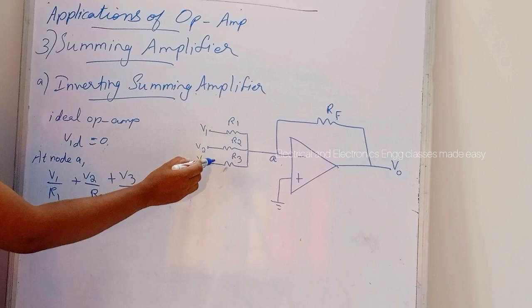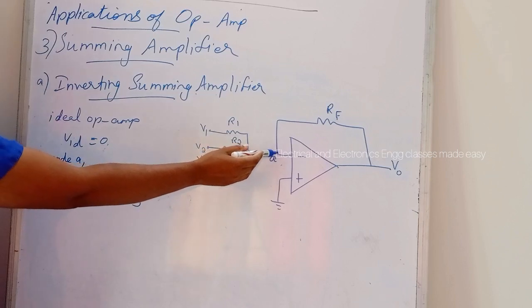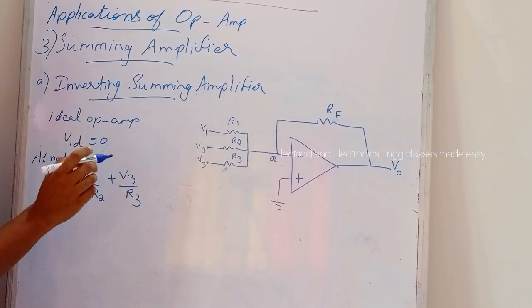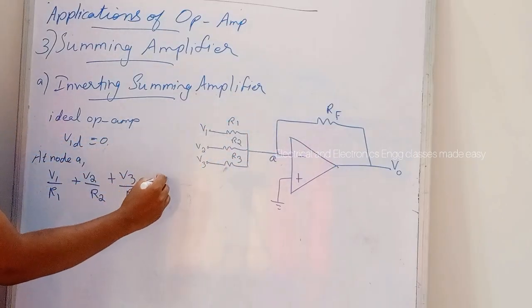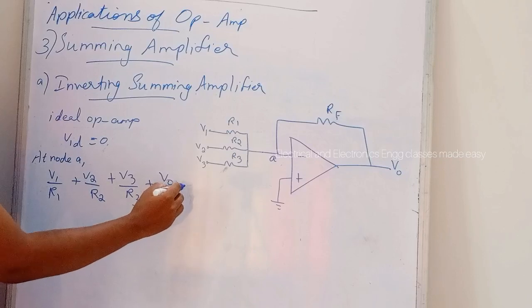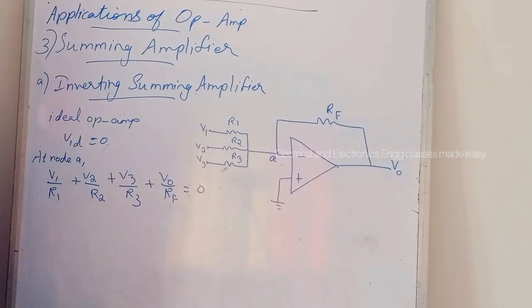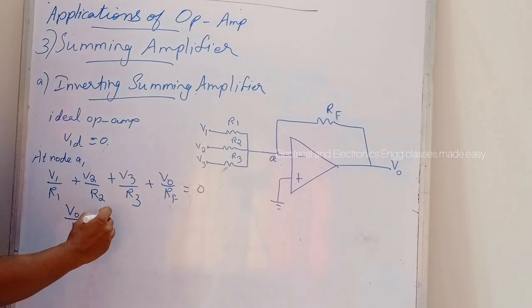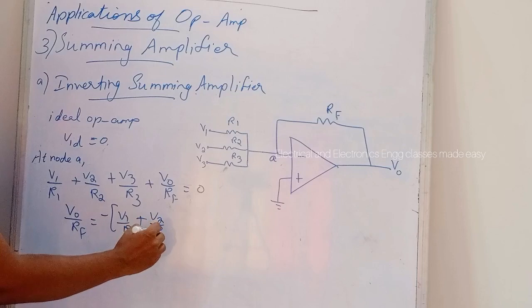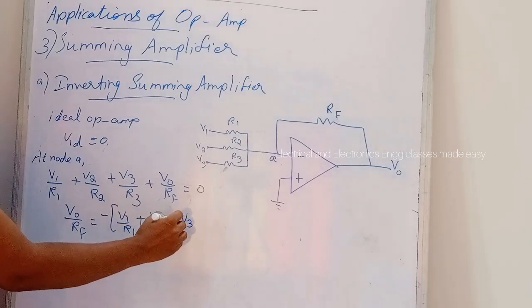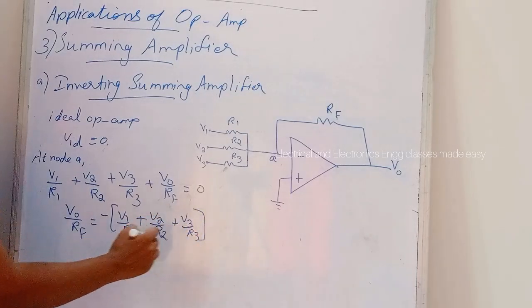These are the 3 input currents towards this point A. Then we have to write plus V0 divided by RF is equal to 0. So from this we can write V0 divided by RF is equal to minus of V1 divided by R1 plus V2 divided by R2 plus V3 divided by R3.